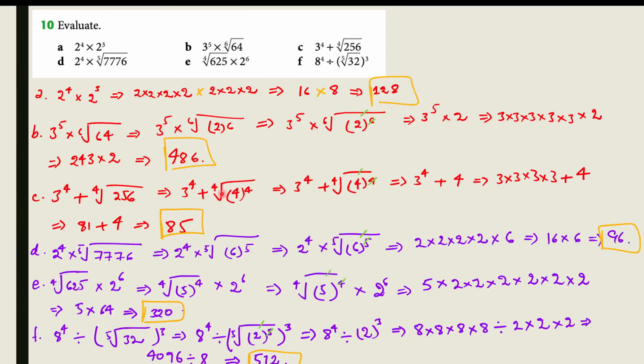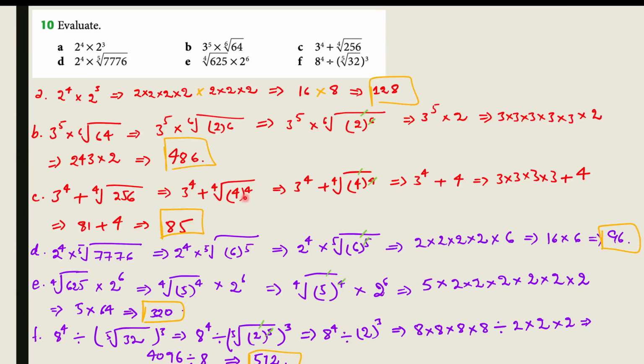Here this 256 can be written as 4 multiplied by 4 multiplied by 4 multiplied by 4, so 4 raised to the power of 4. The root power is 4 as well, so this 4 gets cancelled with the root, and we are left with 4.